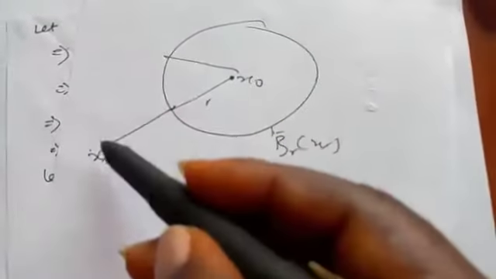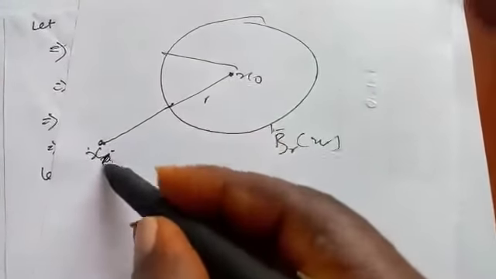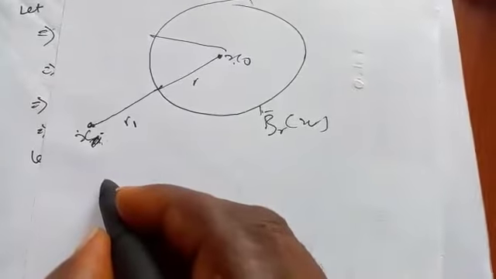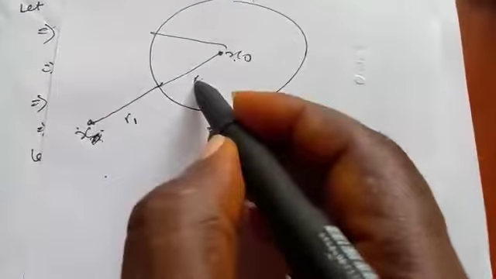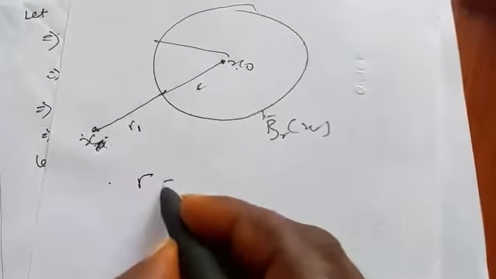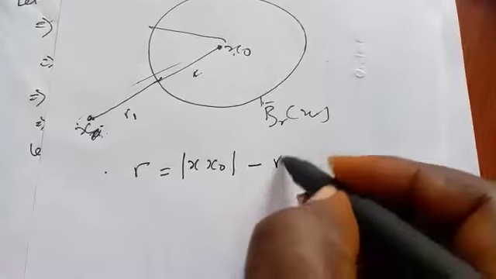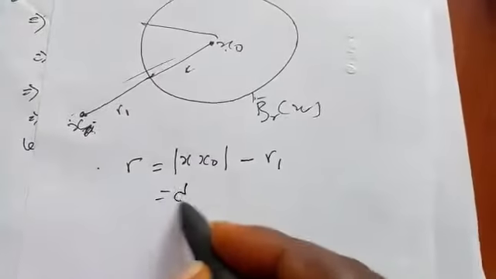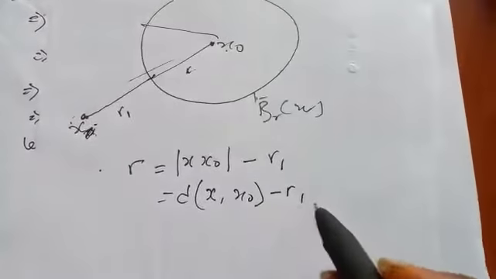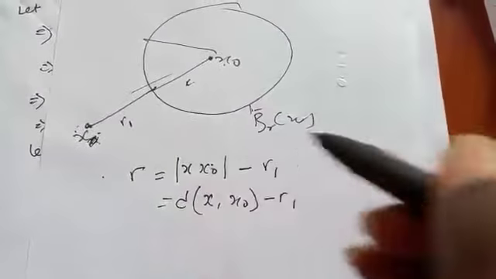This is S, and this is S0. This place is our R1. You will all agree with me that this small R will be equal to the distance between S and S0, the whole of this, minus this R1. Or we just quickly write it as d(S, S0) minus R1, which is the same thing as this.